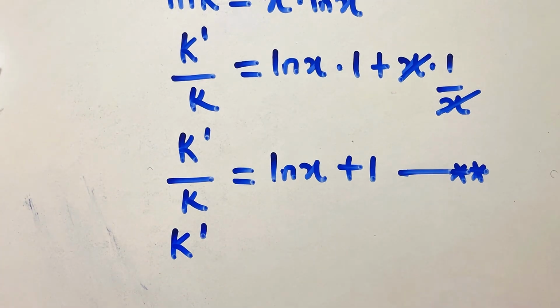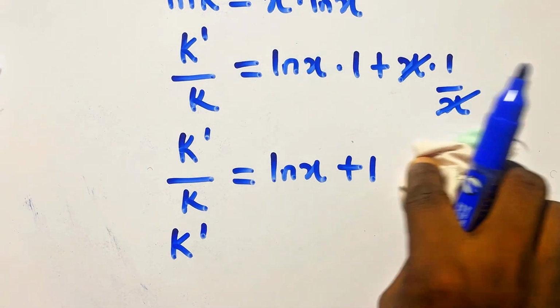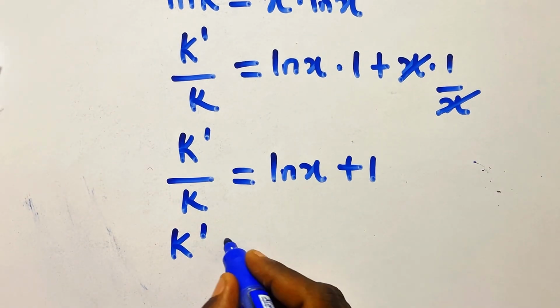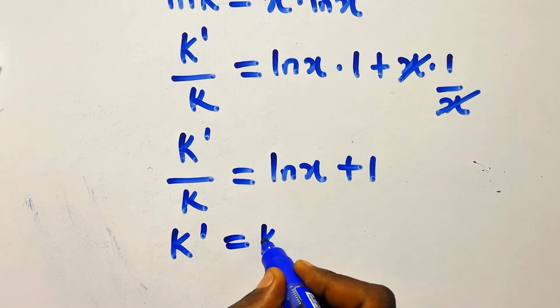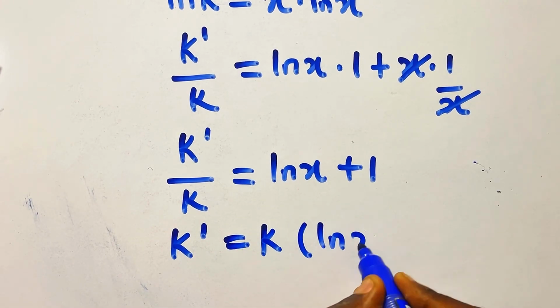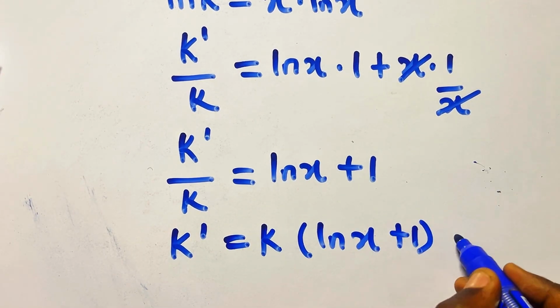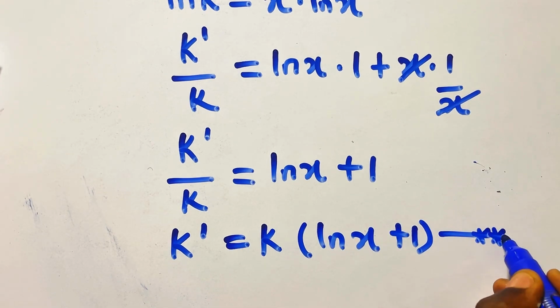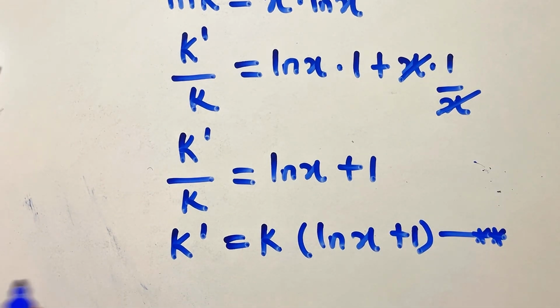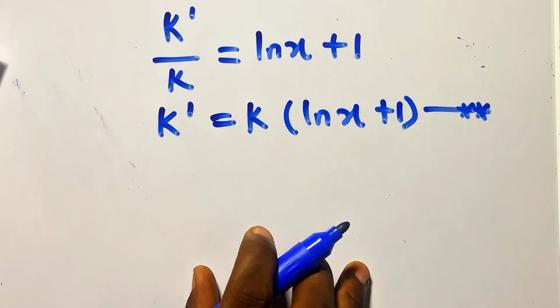From here we can just cross multiply and have our k prime equals k multiplied by ln x plus 1.